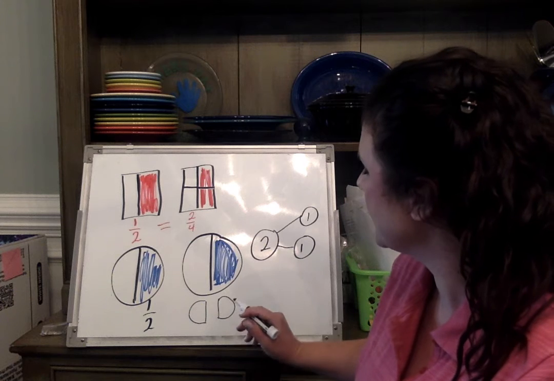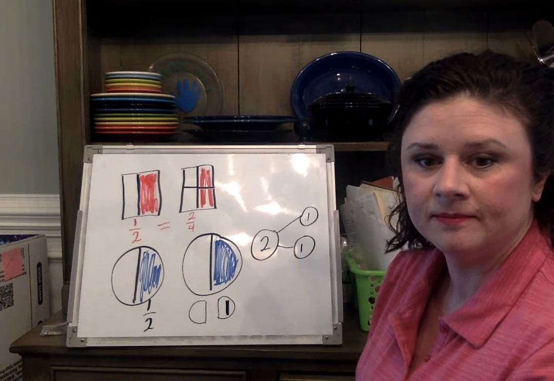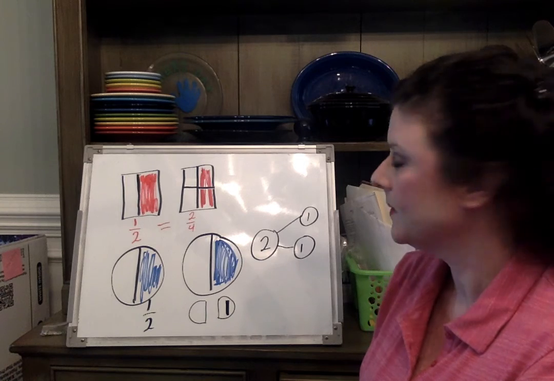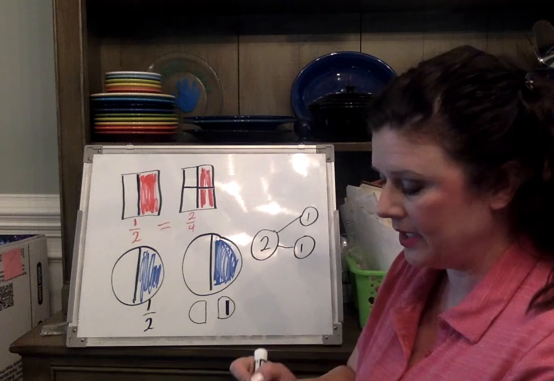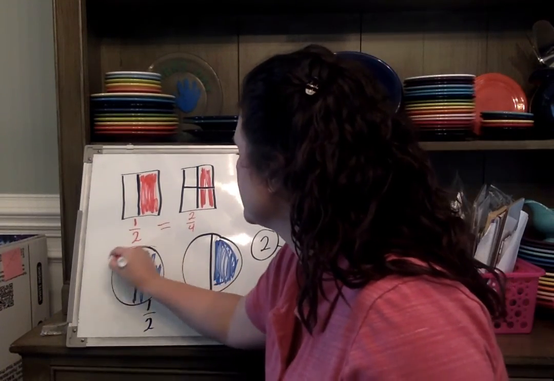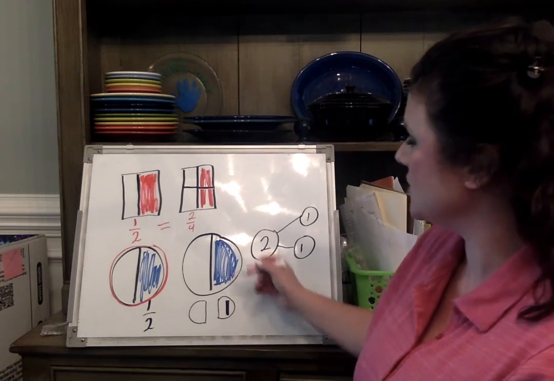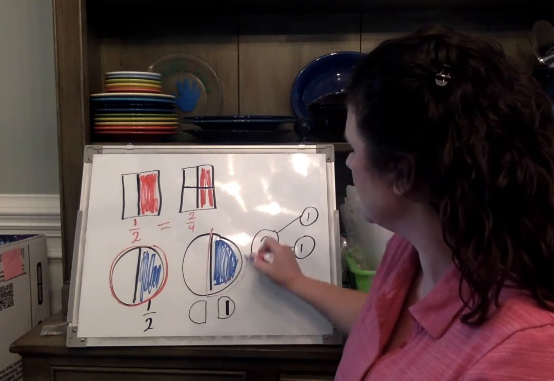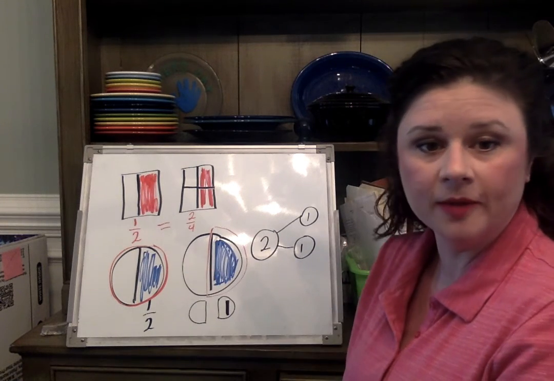Well, here, this fraction represents 1. Okay? Why does it represent 1? Over here, the whole is the circle. When I talked about this shape, I talked about this being a whole and this being a whole.